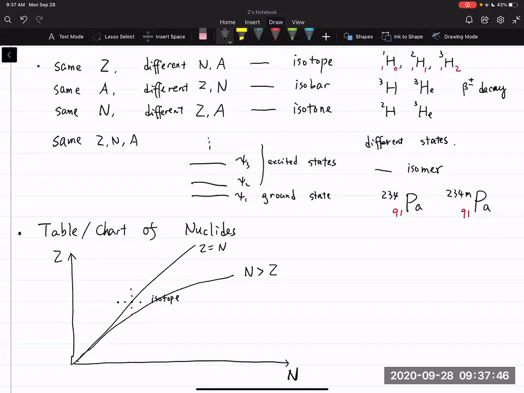Okay, so most of the stable nuclei fall onto this slightly bent curve, where N is larger than Z.